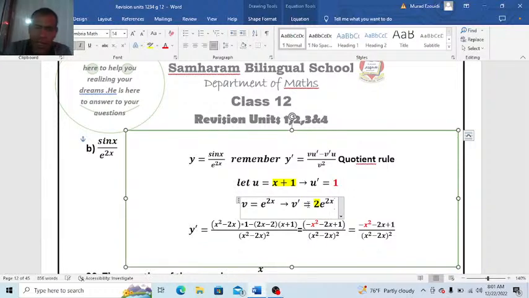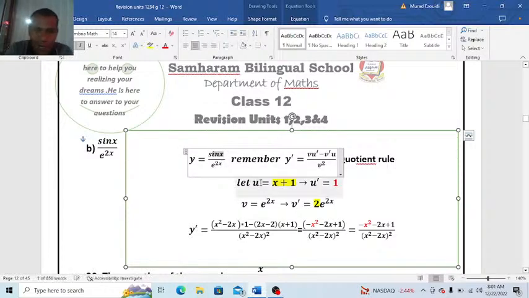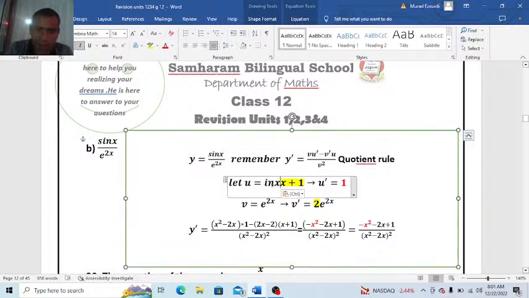And I will suppose that u is sine of x. The first derivative of sine of x, learners, is cosine of x.